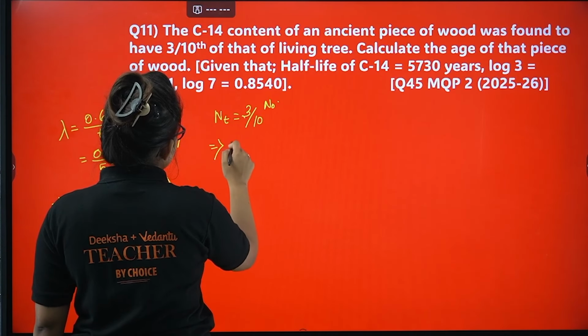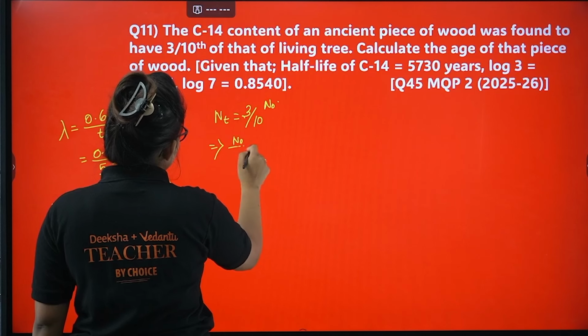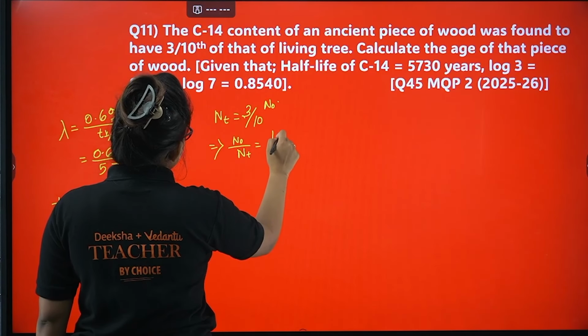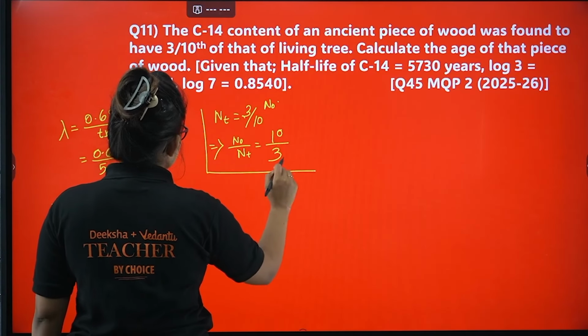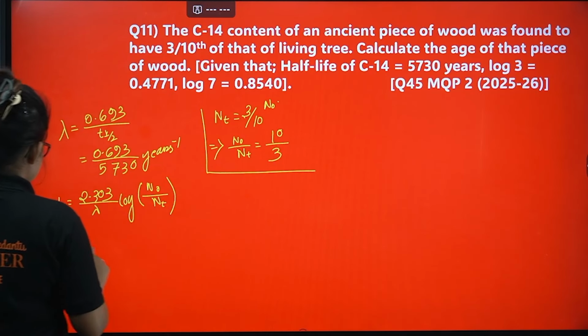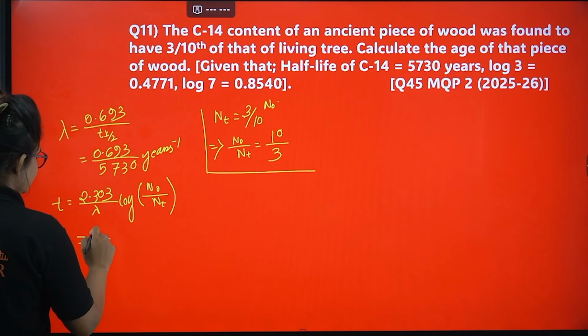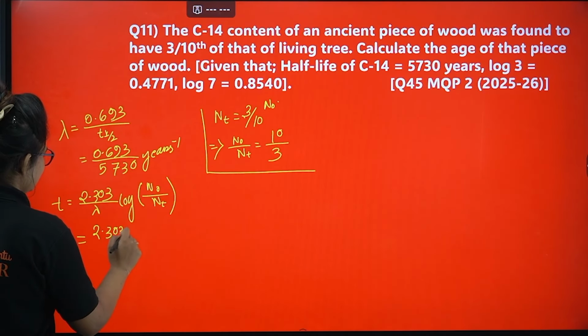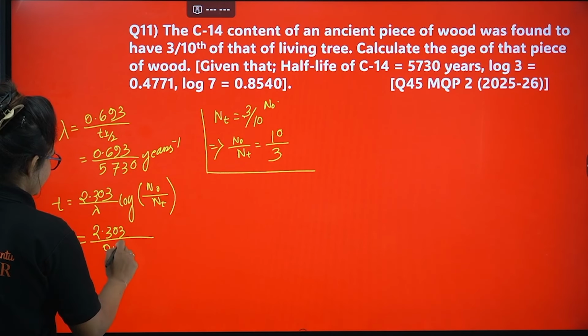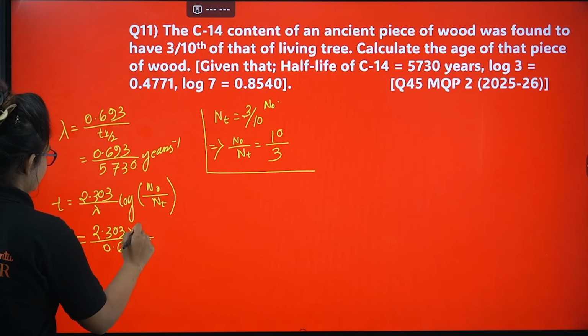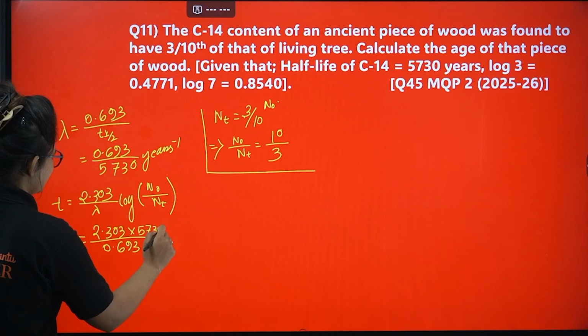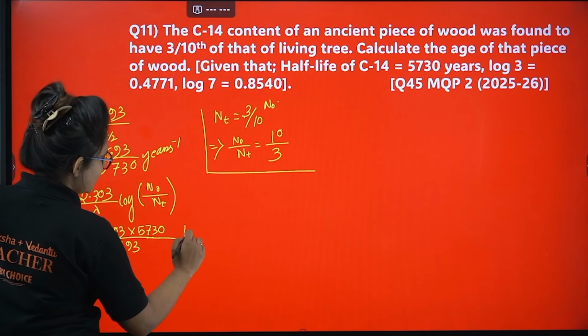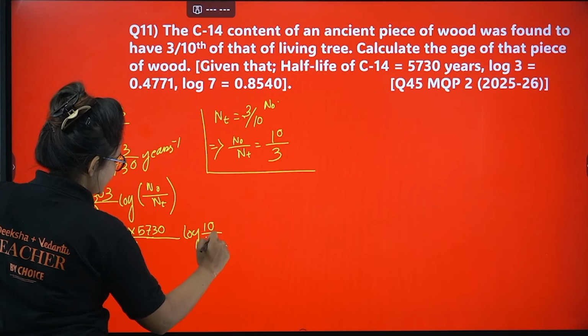From there, N0 by Nt is going to be 10 by 3. That's what we can put here. So let's put the value of lambda here as well: 2.303 divided by 0.693 into 5730, into log 10 by 3.